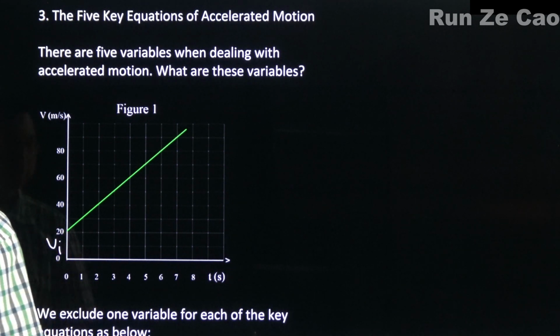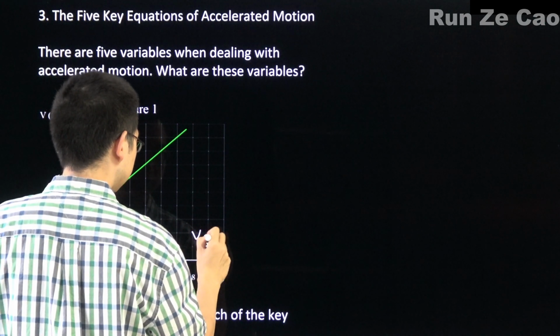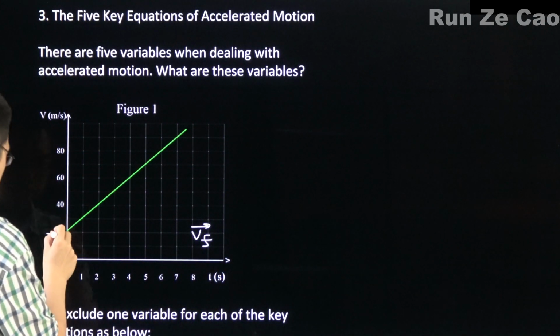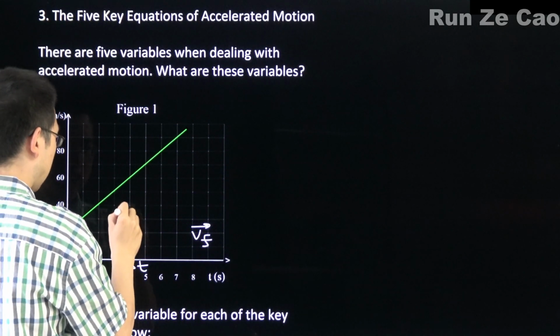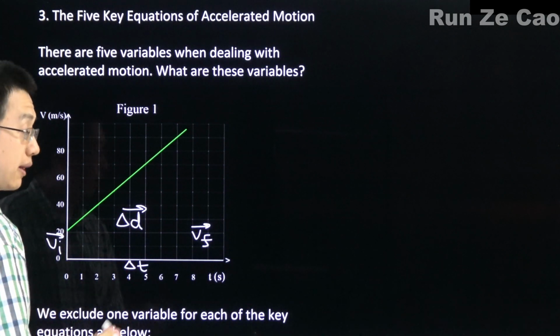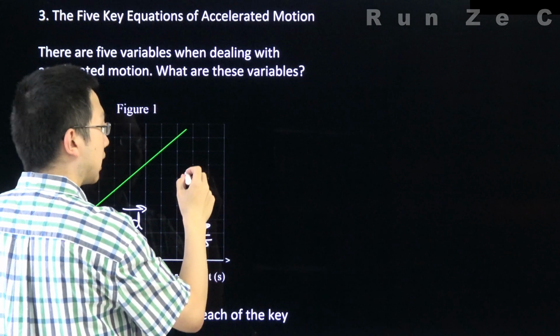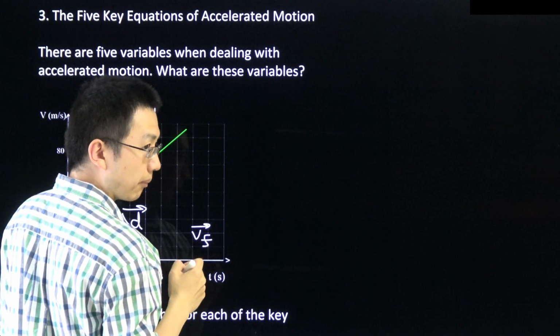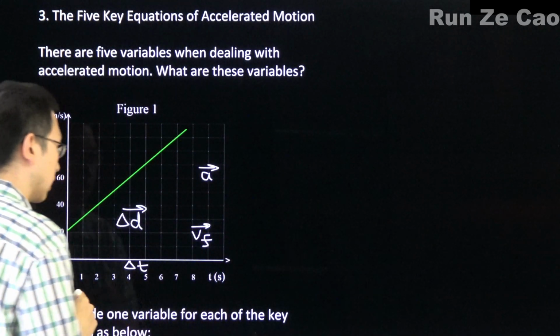We have V initial, V final, delta t, the displacement, and the change in velocity, which is acceleration times time. So the 5th one is acceleration.